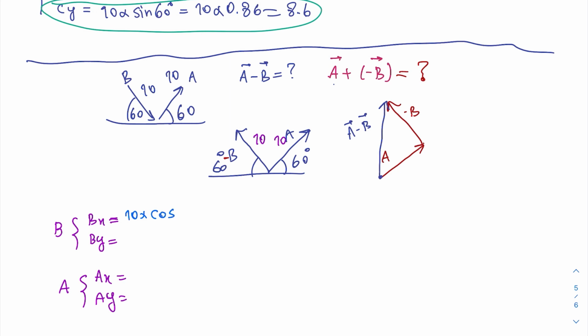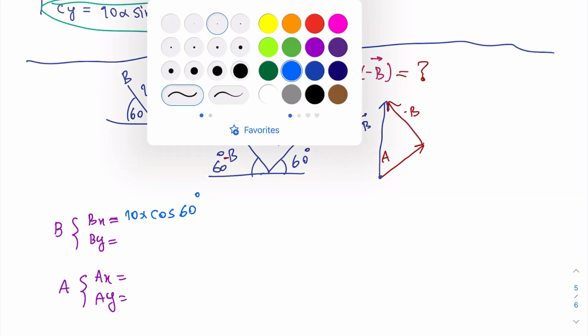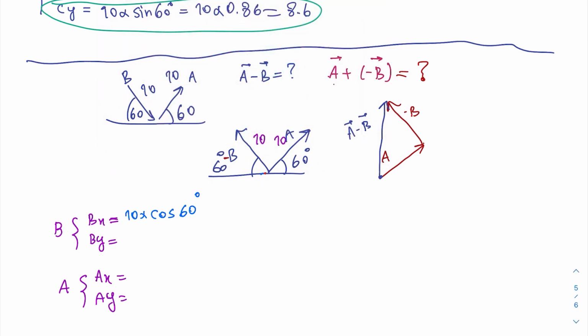But remember, the projection of this vector along the x-axis is towards the left, therefore I need to show the direction by a minus here. I need to show it by minus.